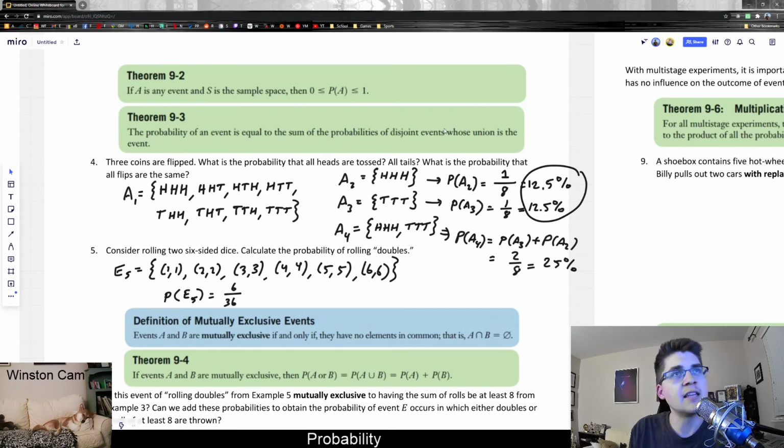We did this earlier, there were 36 total ways that you can roll 2 dice, or 6 squared. That would give us 6 divided by 36, which is reducible by 6, giving us 1/6, which is 16.6% repeating. Whenever that denominator has 3s in it, it will be a repeating digit. And that would be our probability for doubles here.